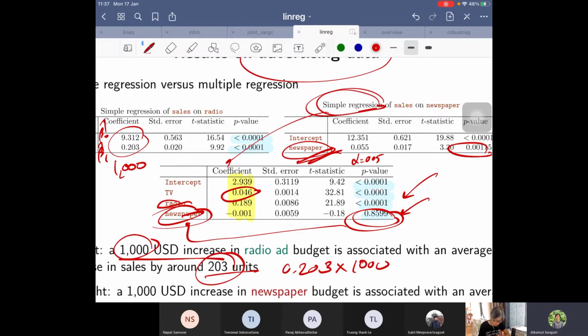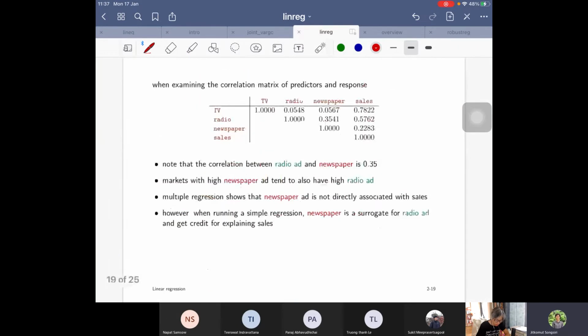Now, if we explore further, we look at the correlation matrix. Sales is the response, TV is X1, radio is X2, newspaper is X3. Now we focus on the newspaper. What happened to the newspaper?